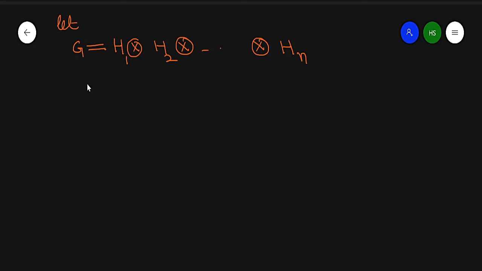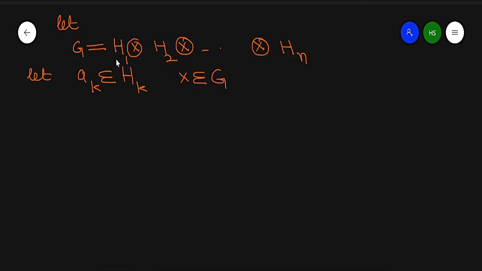So first let me take Ak which belongs to Hk, and x belongs to G. So this is an element of G.